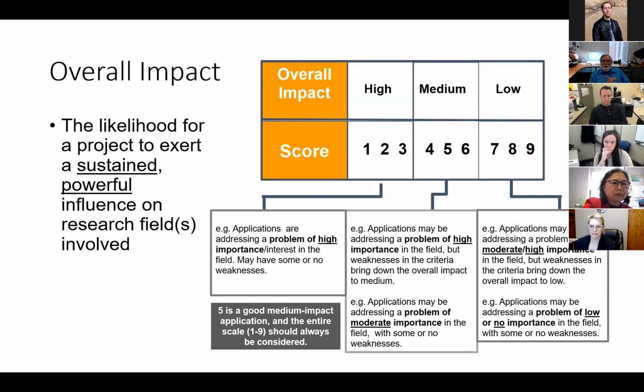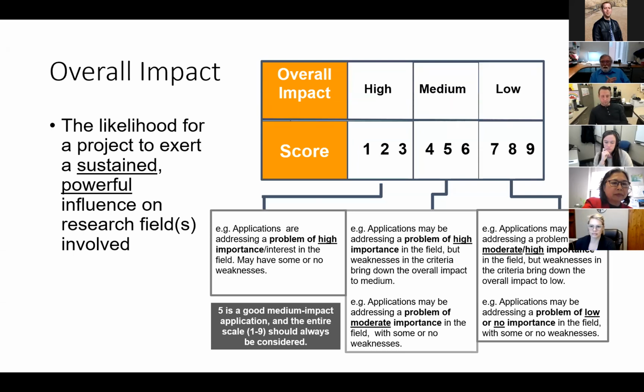For 4, 5, and 6, again, you could be addressing a problem of high importance in the field, but have weaknesses in the criteria that bring down the overall impact to medium. So your importance could be high, and maybe your environment is not so good, so your score could come down.